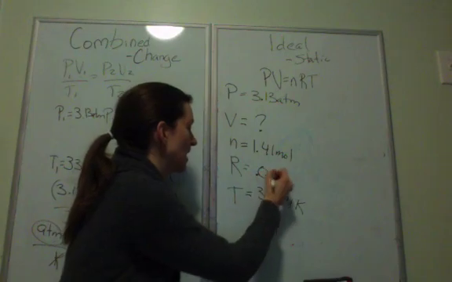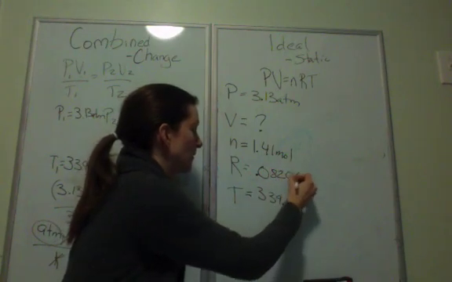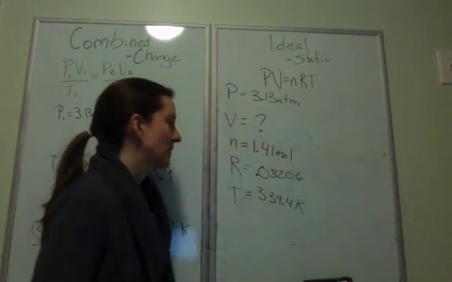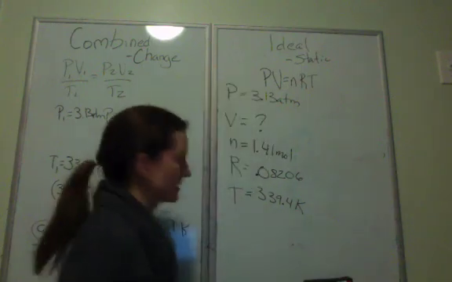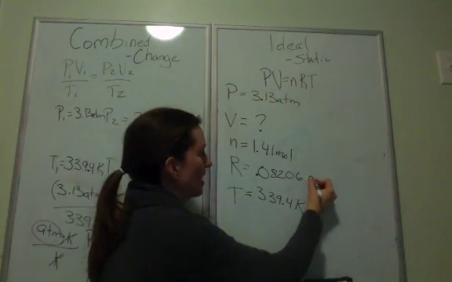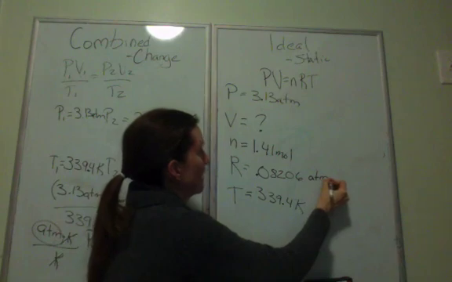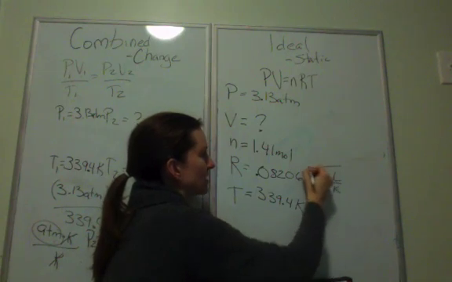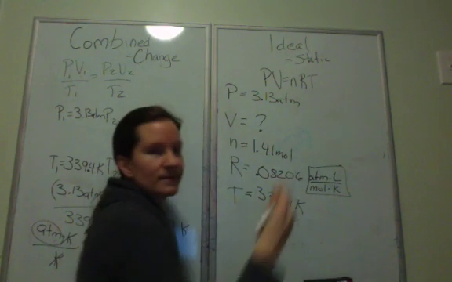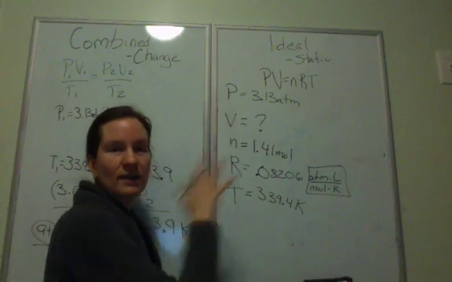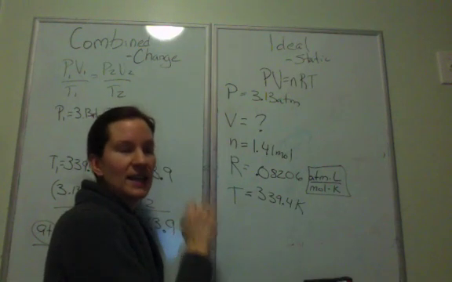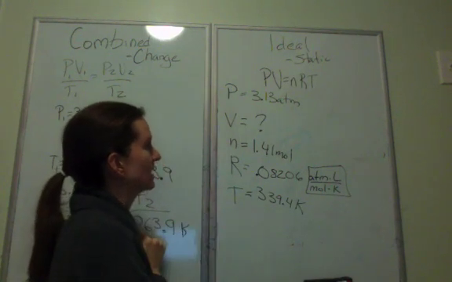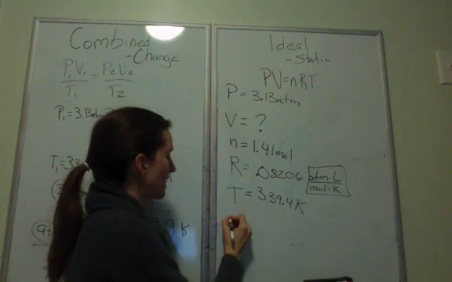The correct R for this problem with atm is 0.0826. And then the units on R is atm times volume over mole times K. Now remember, this is just a unit. Okay? It's just a way to make all of our numbers mathematically cancel out so that we have the correct units in the end. Now you just plug in and solve.